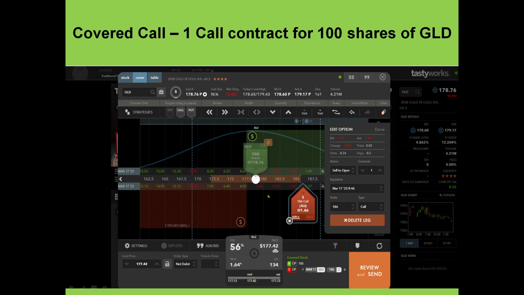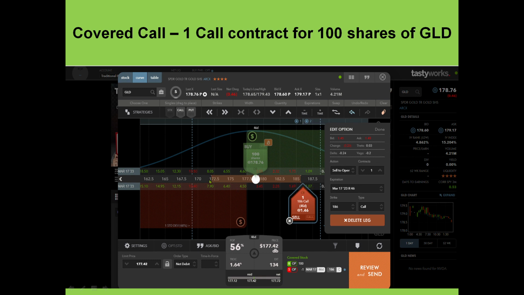And so what that really means is that GLD will stay below this strike price by expiration about 76% of the time, and there's about 24% of the time that the GLD could potentially exceed the 186 call.